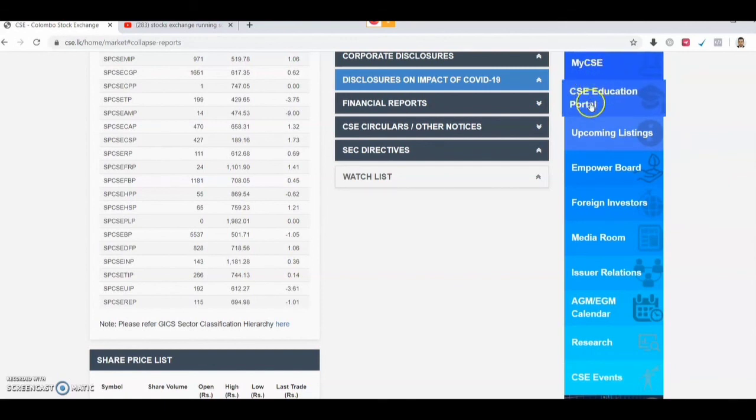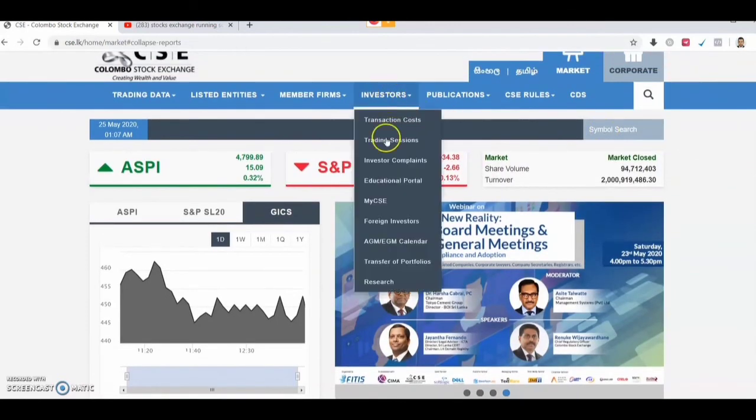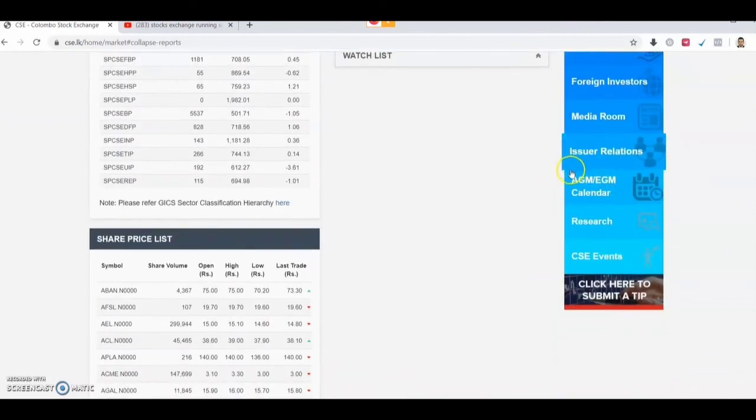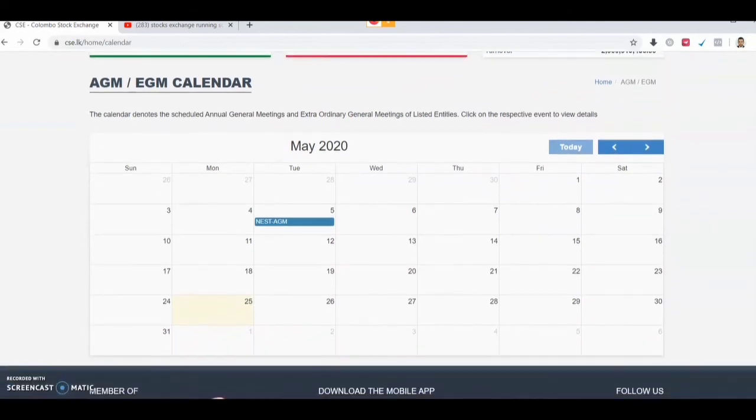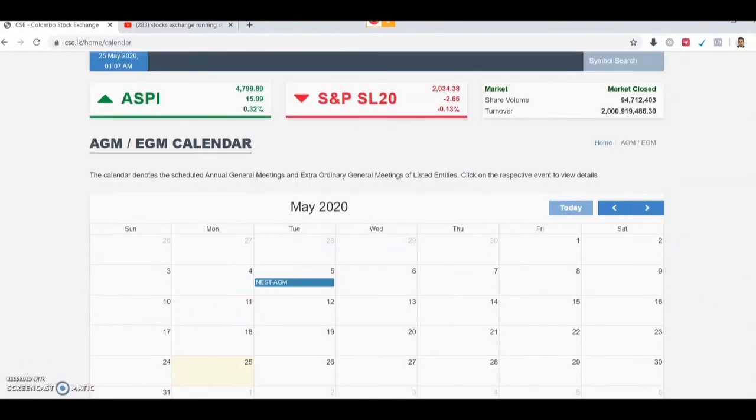Once you press these details or icons, you will be taken directly to this particular area. For example, you can see this EGM calendar. It was here, so you don't need to go through this area. Just press here, and you will be taken to the calendar for what is happening in the next couple of days and months.